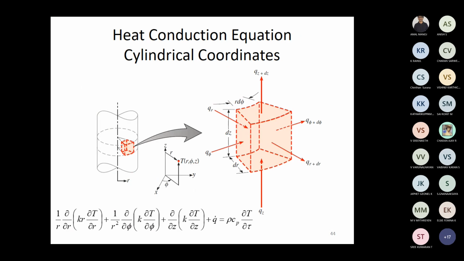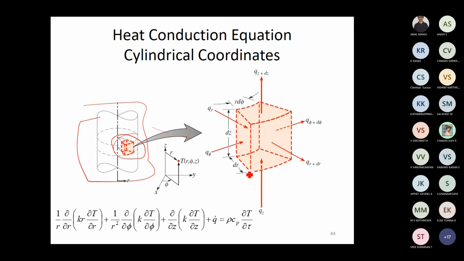Similarly, like we have done for the Cartesian coordinates, we can do the same for the cylindrical coordinates. So you can see here this is a cylindrical geometry. In this cylindrical geometry, a cylindrical element has been chosen and it has been magnified here, and this cylindrical element has a radius dr. Now all the dimensions are represented differentially because these are infinitesimally small dimensions.